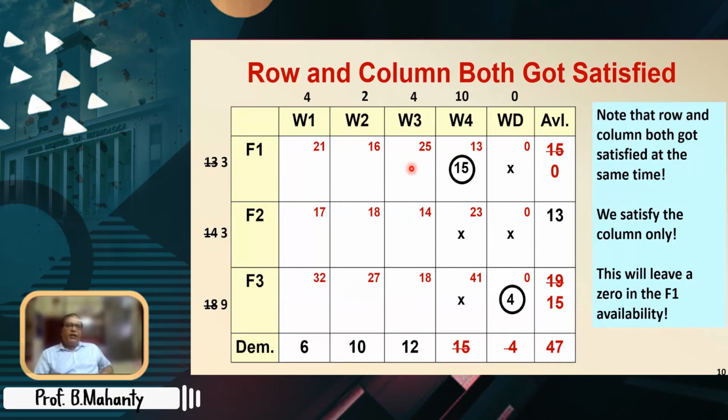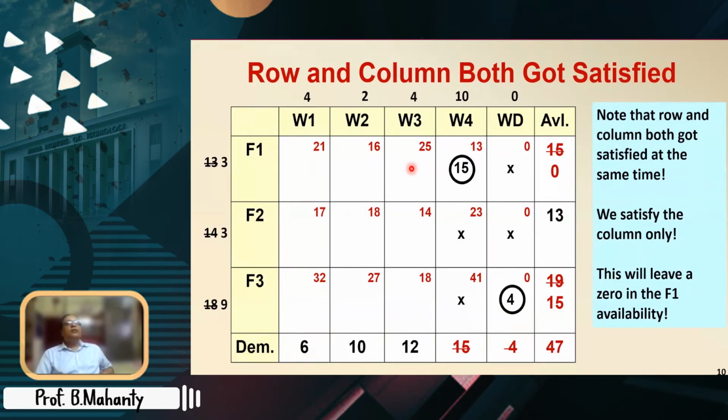But if you do not cross out row and column simultaneously, then the Vogel's method would help you in putting the 0. So is it clear, or you have some question here?